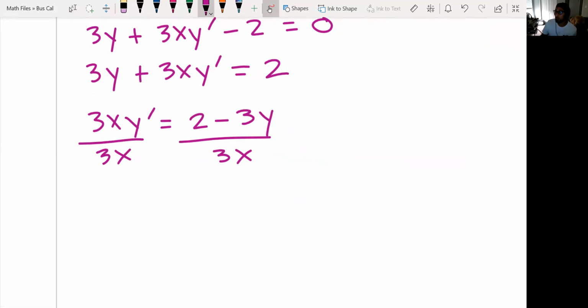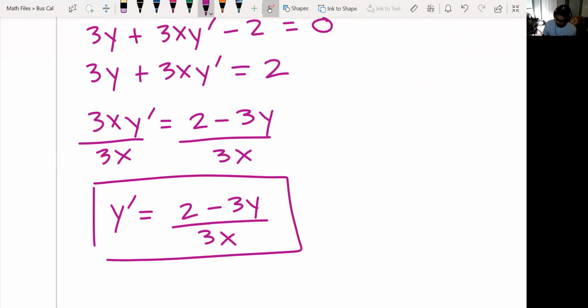So my implicit derivative for y prime is 2 minus 3y over 3x. 2 minus 3y over 3x. I think all we have left to do is plug in that point.